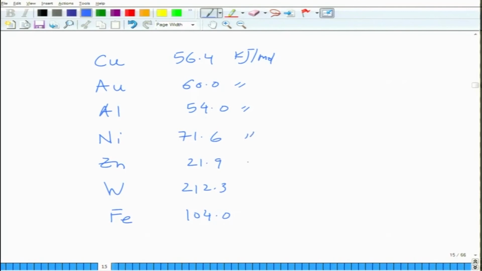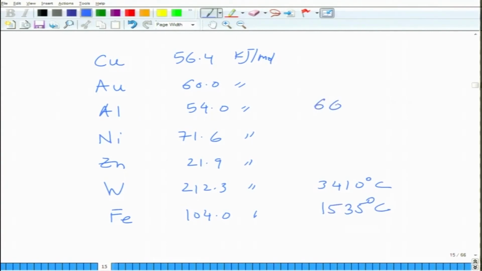And by our experience we know which has the highest melting point of these. So tungsten has the highest melting point, 3410 degrees centigrade, which is very high. Iron, of course you know, is 1535 degrees centigrade.